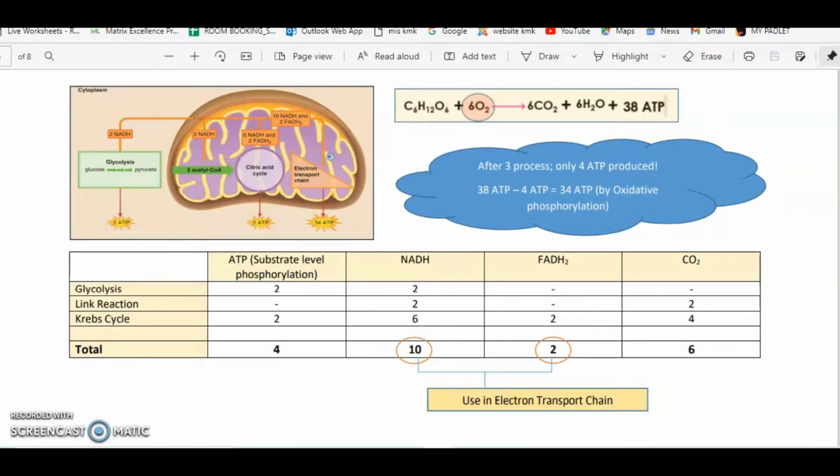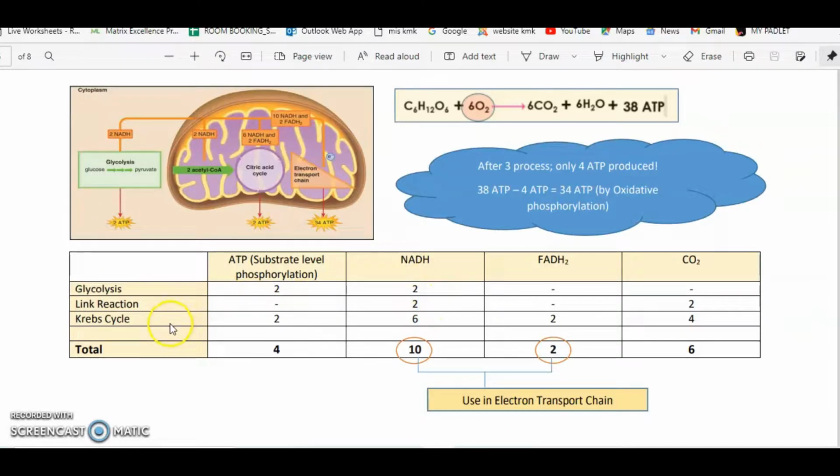Okay, now we're going to proceed to the last part in aerobic respiration, which is oxidative phosphorylation. In our previous class, this is what we get after the three processes. Glycolysis: 2 ATP, 2 NADH. In the link reaction, no ATP is produced, and the number of NADH is 2.